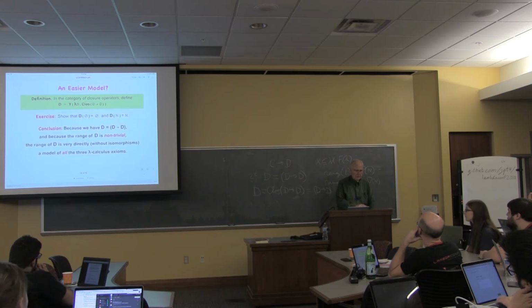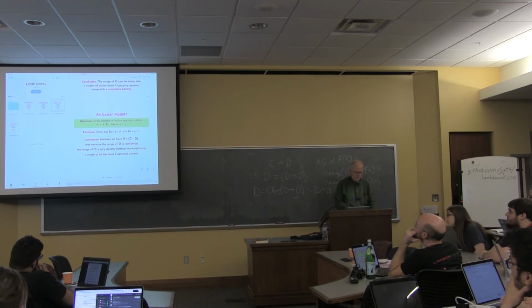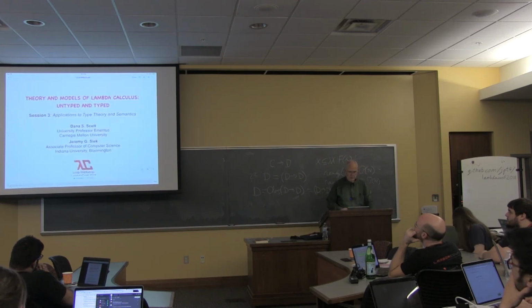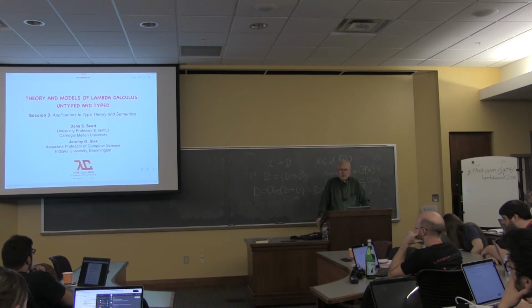Now I have to jump on a little bit, and I'm going to try to do it not too painfully here to get the next things here. Closure operators give very nice structures. The range of a closure operator is a partially ordered set which is closed under limits, and it's really like a closed set in some ways.